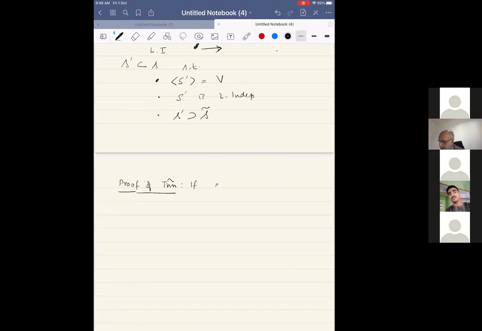Now, if all the vectors in S minus S tilde belong to the span of S tilde, then the span of S tilde is the span of S, which is V. So we can take S prime equal to S tilde.